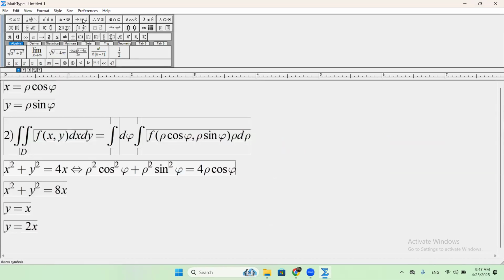When we simplify this equation, we have rho squared equals 4 rho cosine of phi. And finally, we will have that rho equals 4 cosine of phi.